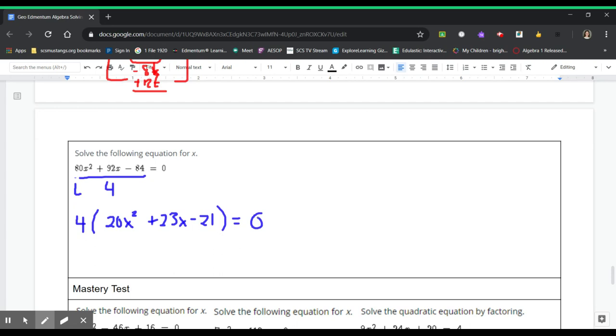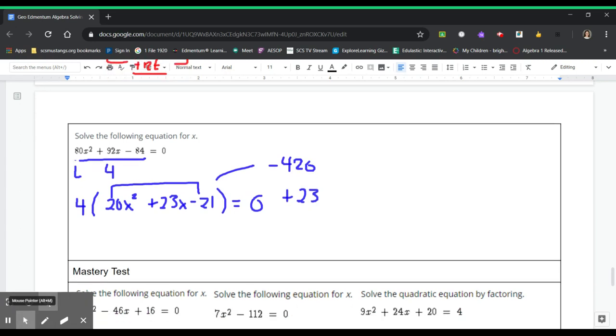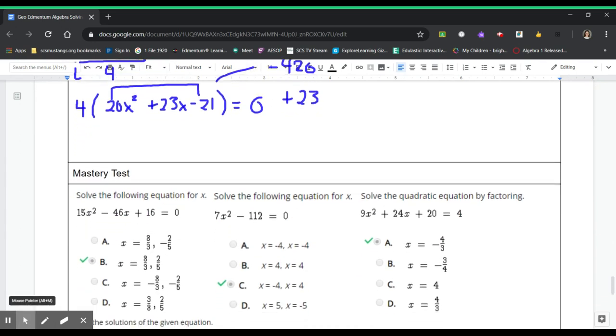And this is factorable. The step that it adds to factor this, though, is to multiply, and then you're looking for a list of things that multiply to make negative 420, but add to make 23. And that takes it a step further than I'm interested in having you work these problems right now. So the problems like that you may see on your mastery test.